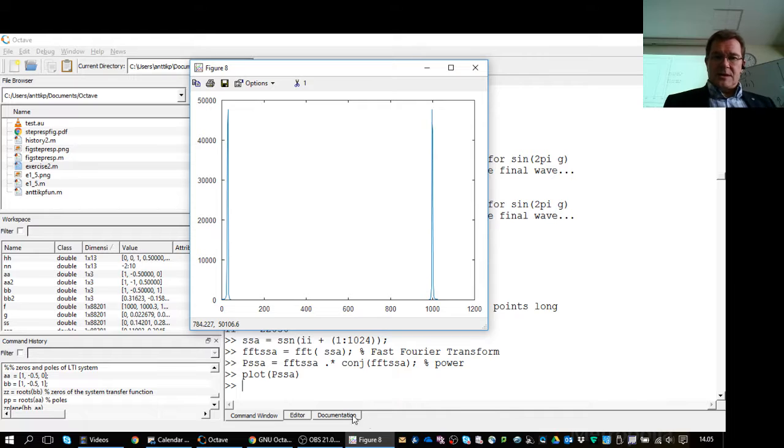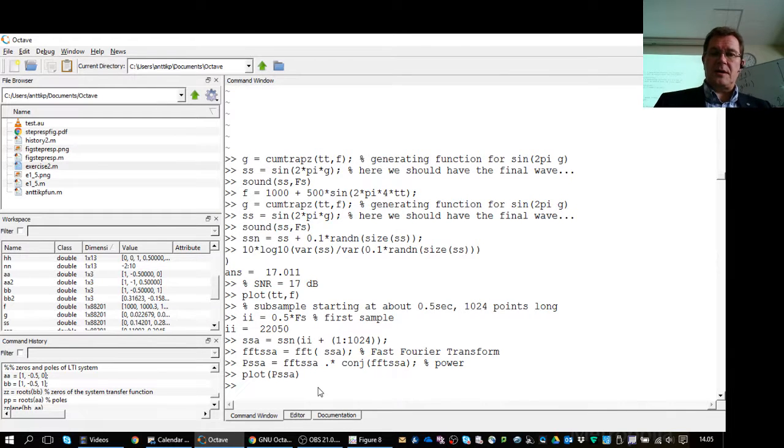Okay, so we need only, let's see, what would be a good variable name? ii is already used. Okay, ins, from the first to 513 is the last point.